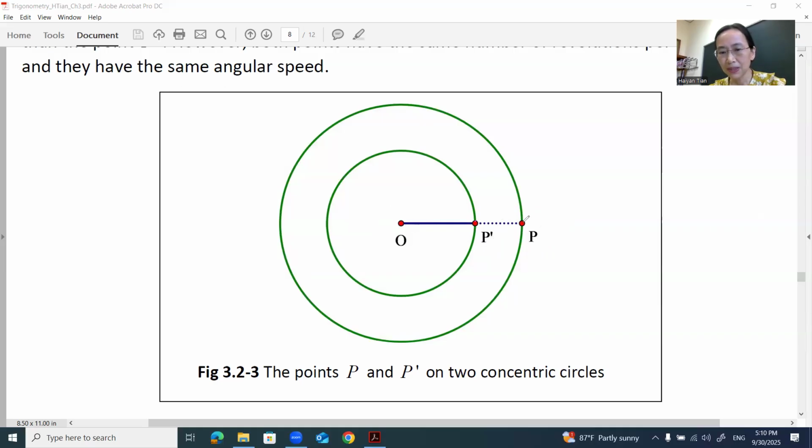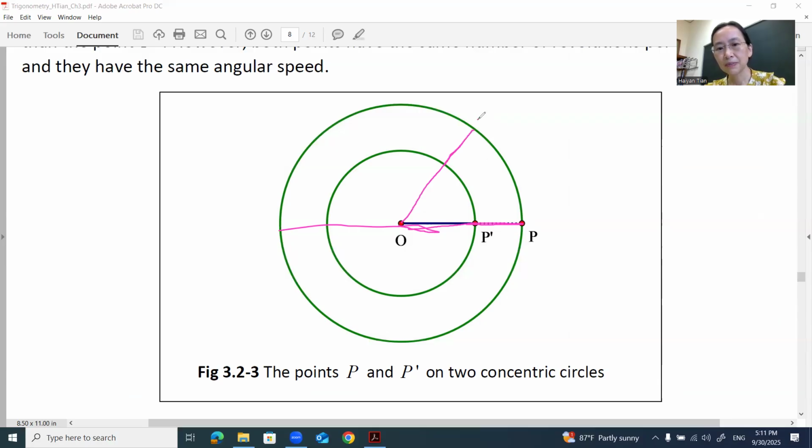So the P, because it's located at the outer circle, will travel a greater distance per unit time. This segment is going to be at another location. For example, that's the segment.